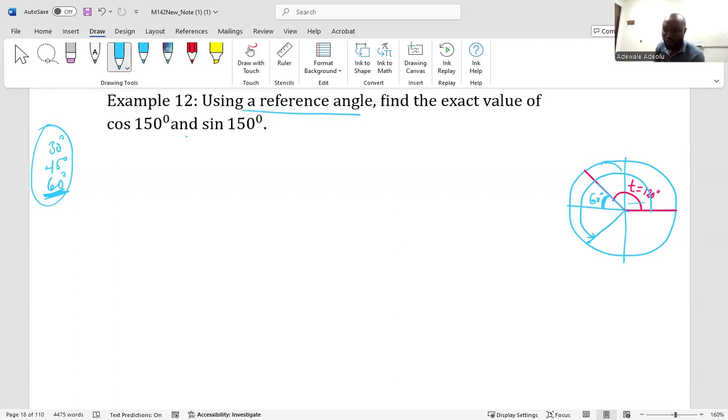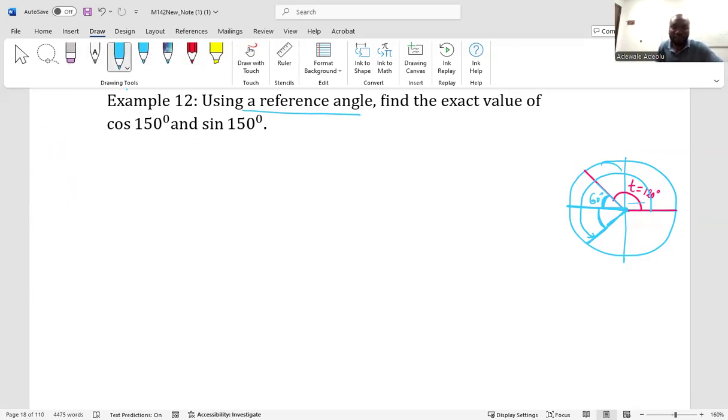To get the reference angle for that angle, all you need to do is measure the angle between this terminal side and the horizontal axis, which is the angle minus 180. That will give you the reference angle. Let us work with an example to make it clear.